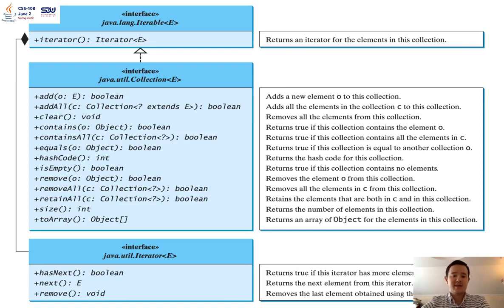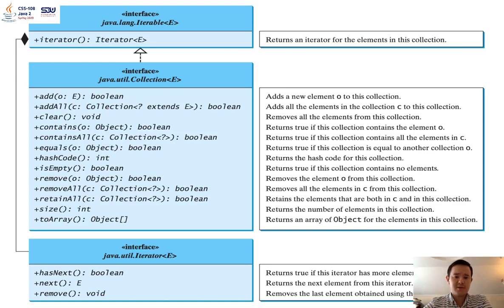Okay, it's like intersection. size returns the number of elements, and toArray returns the array version of this collection. Array, you know, it's a fixed size container.